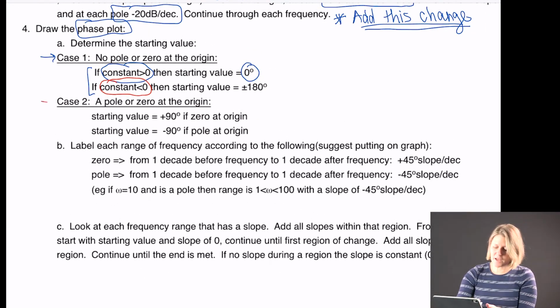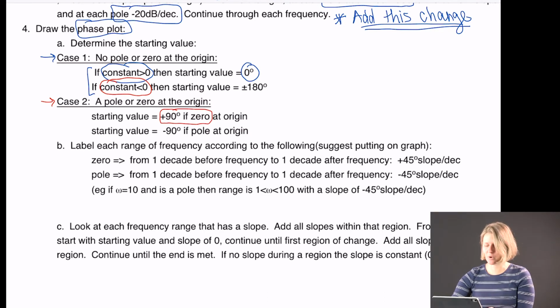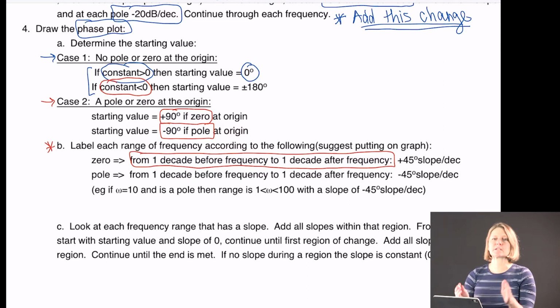If you have a pole or zero at the origin, if you have a 0, you're going to have plus 90 degrees, and if you have a pole, it's minus 90 degrees. You're then going to label each frequency range 1 decade before to 1 decade after that frequency.